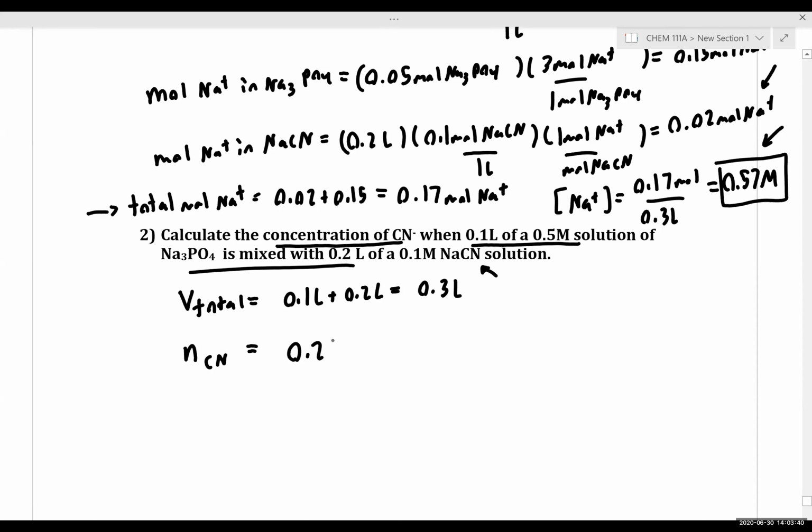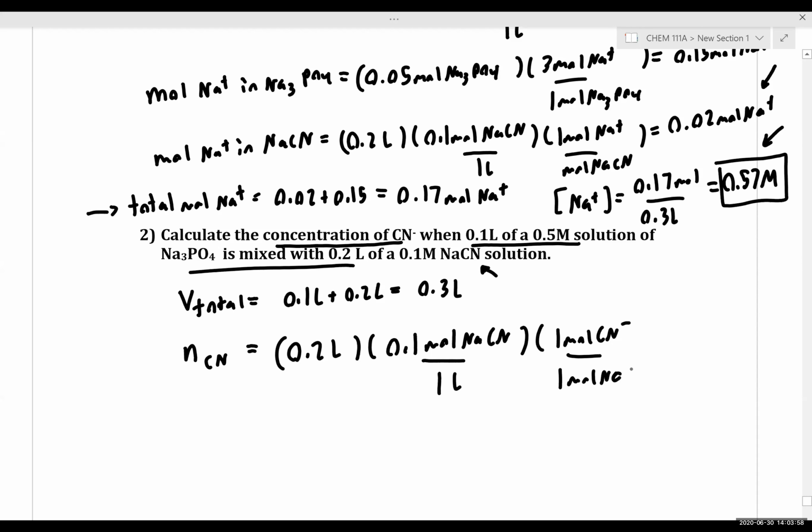So we take the volume of our sodium cyanide solution times the molarity, which is 0.1 moles of sodium cyanide per 1 liter, times 1 mole of cyanide per every 1 mole of sodium cyanide.